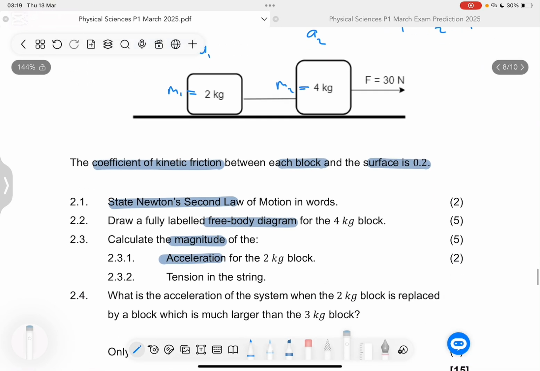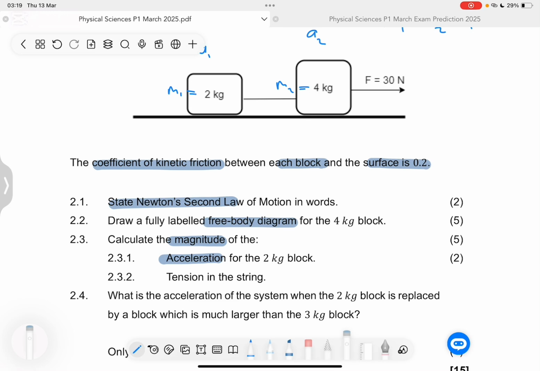So basically, calculating the acceleration of the 2 kilogram block also is calculating the acceleration of A. If we get the acceleration to be 2 meters per second squared, it means the 4 kilogram block is also moving at that acceleration. So don't get confused by this type of phrasing of these questions.